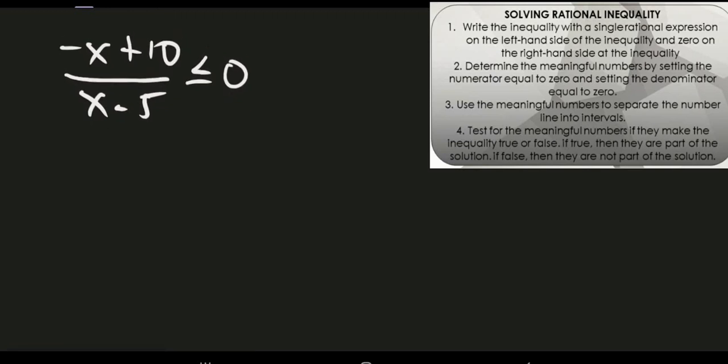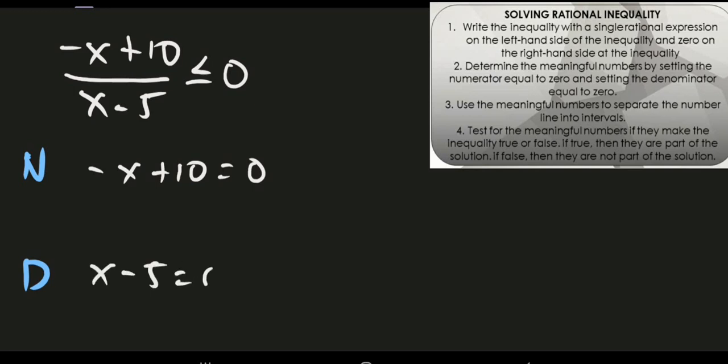Okay? So let's proceed to step number 2 again. So just determine the meaningful numbers by setting our numerator and denominator equal to 0. So that means for numerator, we have negative x plus 10 is equal to 0. And for the denominator, it will give us x minus 5 is equal to 0. And let's solve for the given values.